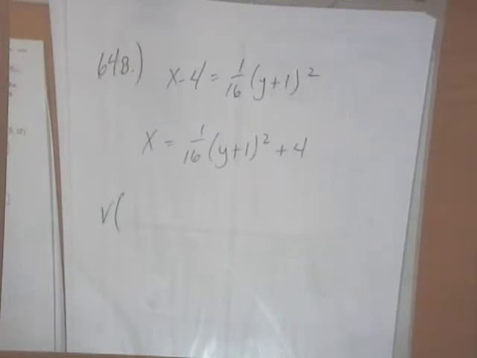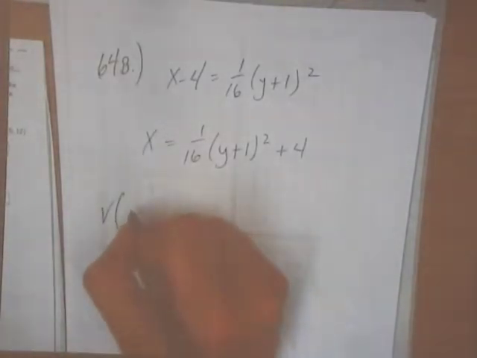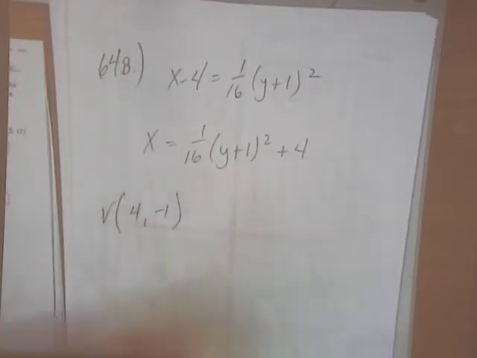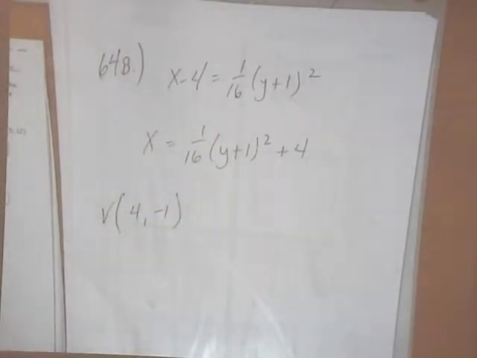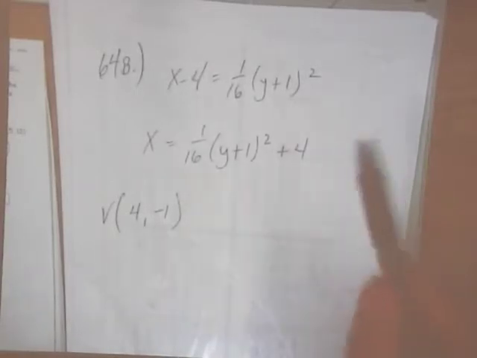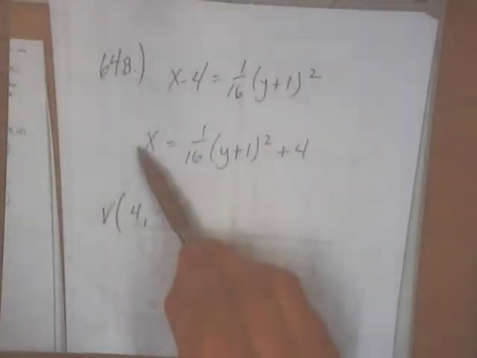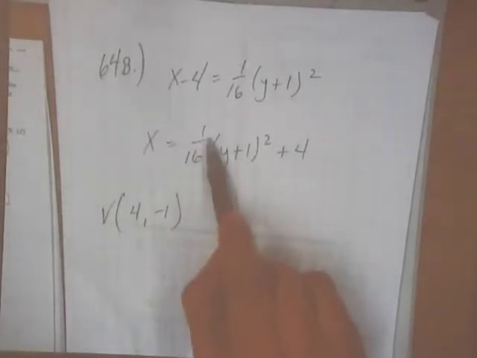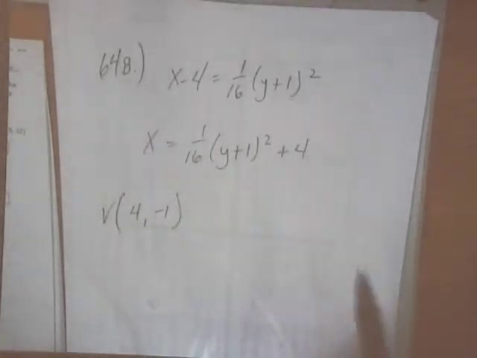Oh, the vertex? 4, negative 1. 4, negative 1. Any questions on that? Okay. Which direction is this opening? To the right. It's opening in the X direction, and A is positive, so it's opening in the positive X direction. So it's going to open to the right.